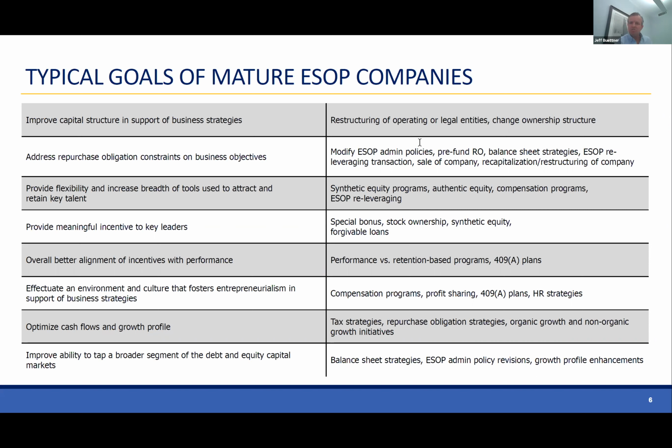Most of the time, businesses were so indebted from the transaction that their focus was, hey, let's just repay the debt. We'll grow organically, let's repay the debt, and once we repay the debt, then we'll turn our attention to making some acquisitions. Now that you're in the 10-plus years of ESOP ownership and you have less leverage, non-organic M&A growth initiatives become more of a focus, more of a point of emphasis.